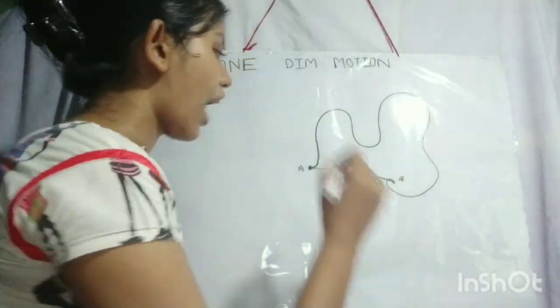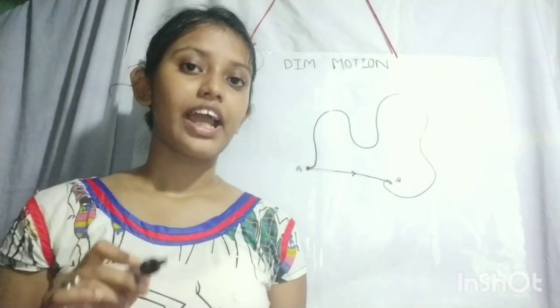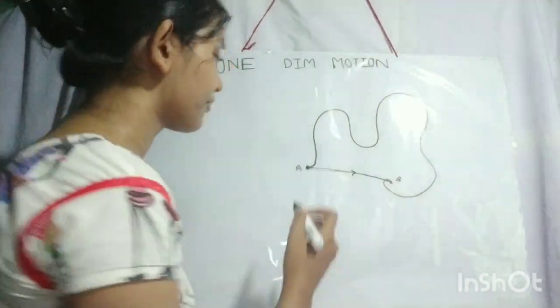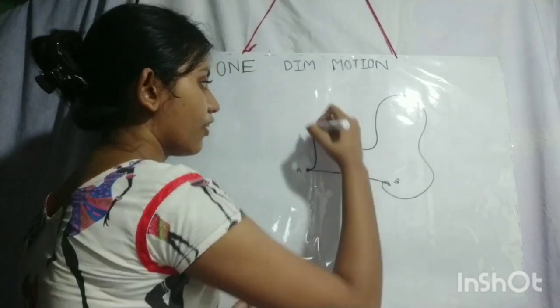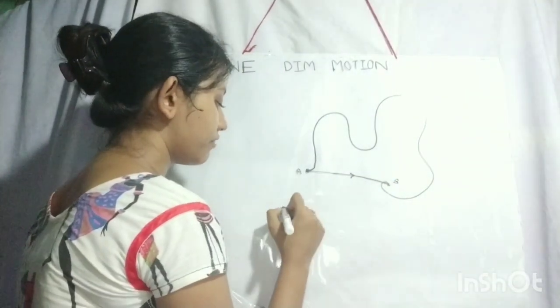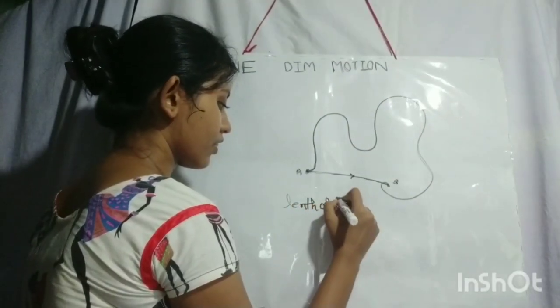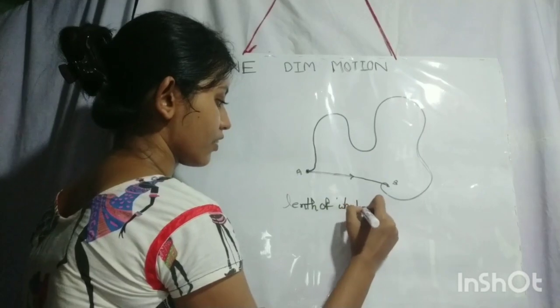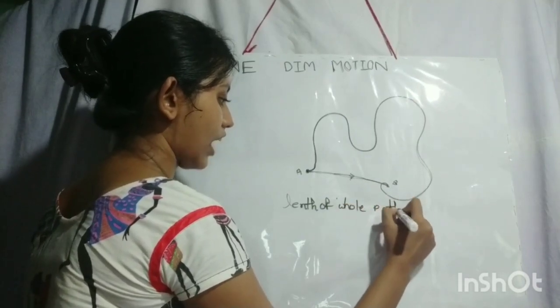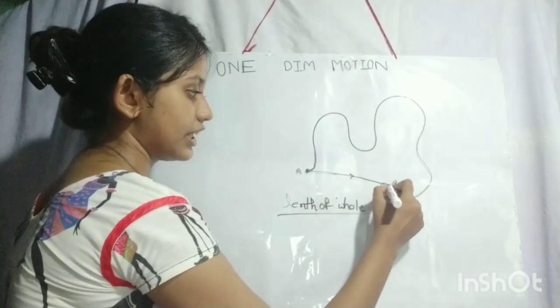If you have to derive the speed of the point, then it will be the length of the whole path divided by the total time taken to reach here.